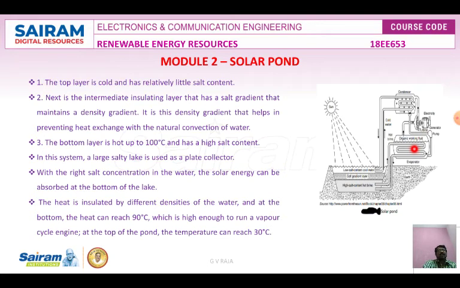When the shaft inside the turbo generator rotates, the generator also rotates and electricity is produced. The same water vapor is again given to the condenser to convert the hot into cool, and then the cold water is again given to the top layer.